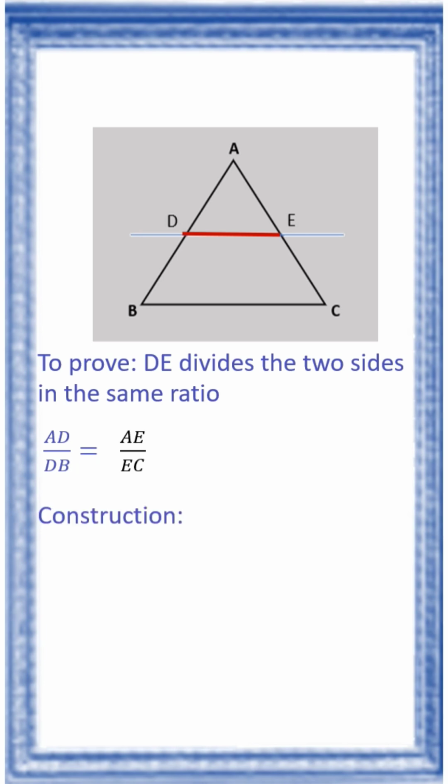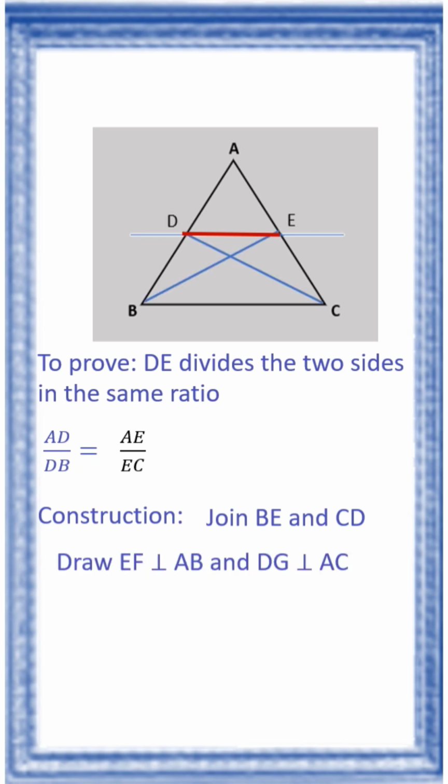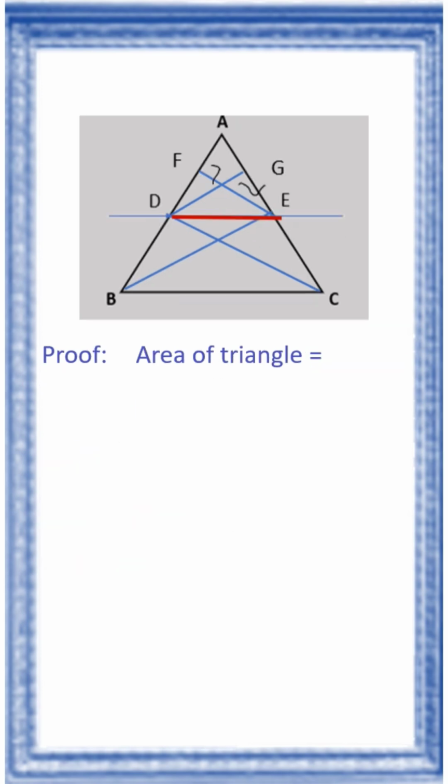Construction: Join BE and CD. Draw EF perpendicular to AB and DG perpendicular to AC. Proof: Area of triangle is equal to half into base into height.